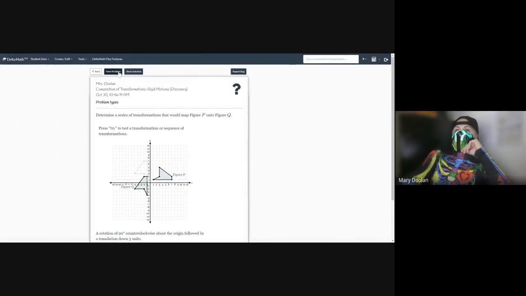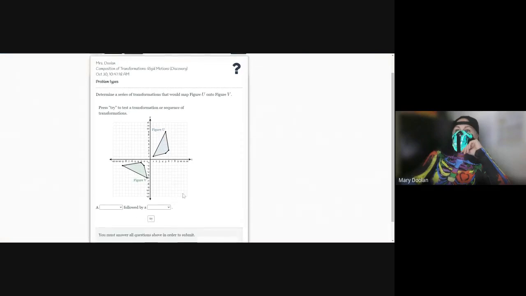So let's try another one. Okay, here we go. Determine a series of transformations that would map U to V. We start at U, we end at V. How do I get there? Well, I don't know. Maybe it's another rotation, counterclockwise again.